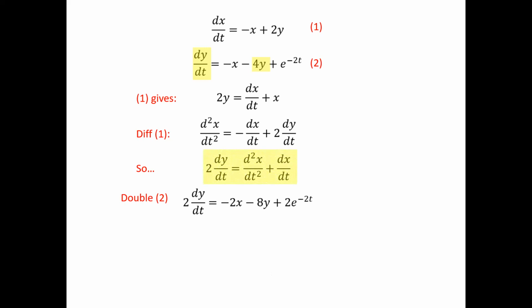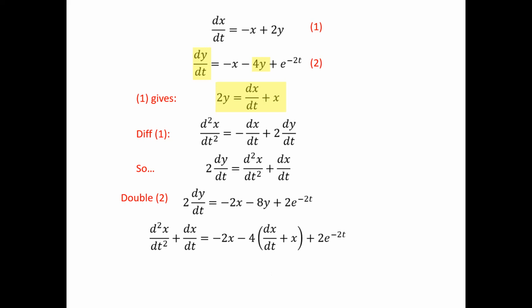So this tells me what the 2 dy over dt is. I'll replace it with that. Minus 2x, and then I've got minus 8y. I've got 2y here in terms of x and t's, so I can replace it with that. And then I've got a 2e to the minus 2t at the end.